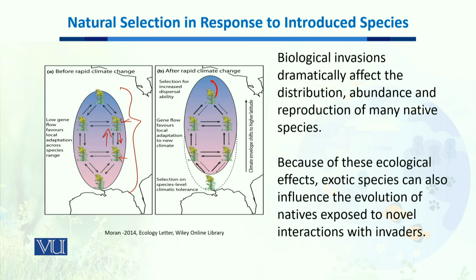But when a new species is introduced, there is a rapid climate change which takes place, and you can see that there are certain changes, like a selection for increased dispersal ability. Then we have gene flow, which favors local adaptation to the new climate, and even selection on the species-level climate tolerance.